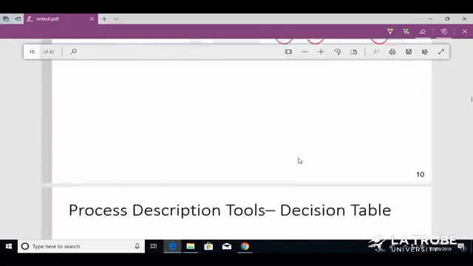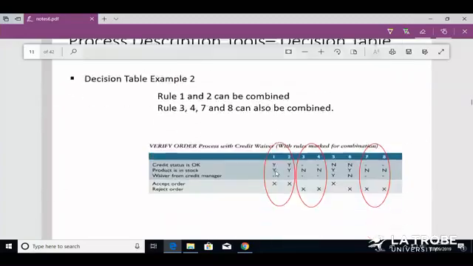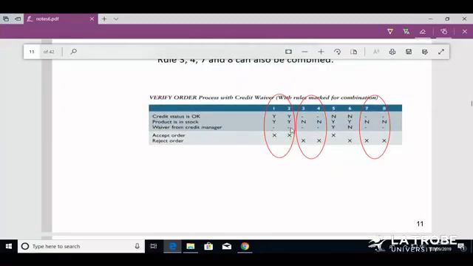All right, so let's talk about the first combination here. 1 and 2, we said they are sharing the same outcome, the same conditions for the first two conditions, while regardless of the third one. So the third one we need to replace with a dash.